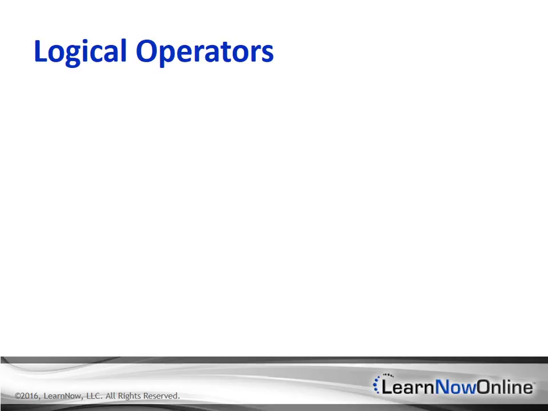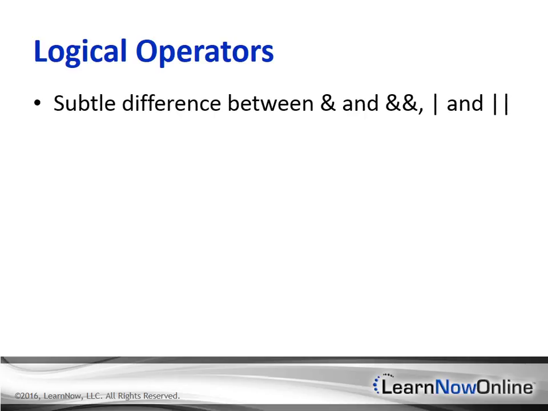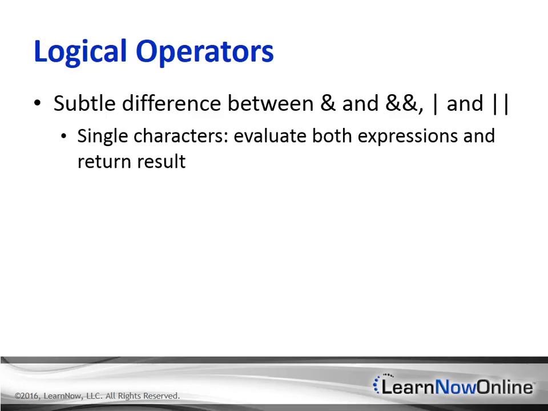Okay, so let's explore those differences just a little bit more. The difference between the two is kind of subtle, but it's a very important difference. Now, the operators with the single characters evaluate both expressions on either side of the operator. And then it compares their values and returns true or false for the expression as appropriate.